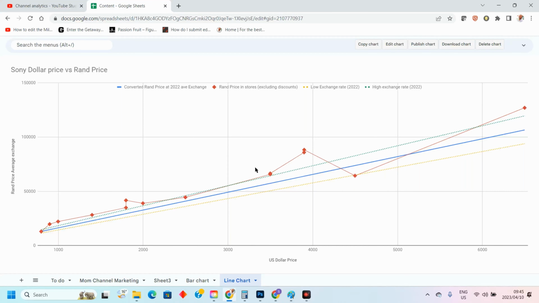You can see it's not a linear function, or a standard markup across the range, with some being marked up less than others, while the FX30 and the A7R5 are a little bit higher as well. So Sony's pricing in South Africa is definitely not linear, and there are some strategic reasons for that.